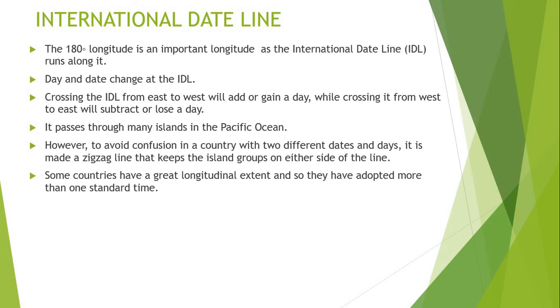It passes through many islands in Pacific Ocean. Crossing the IDL from east to west will add or gain a day, while crossing it from west to east will subtract or lose a day.